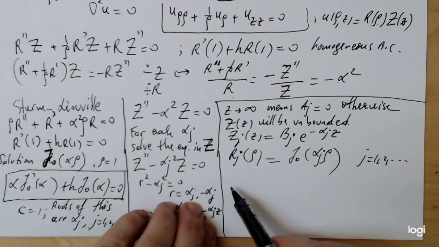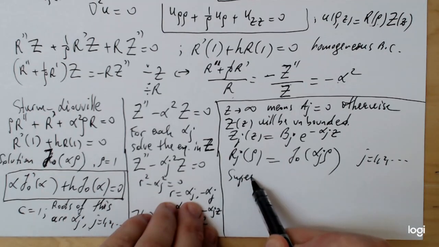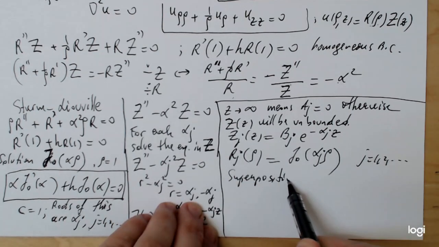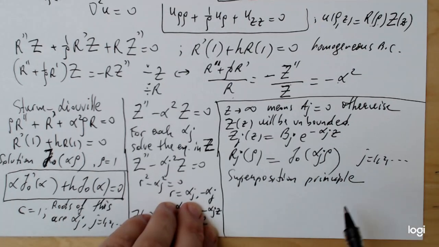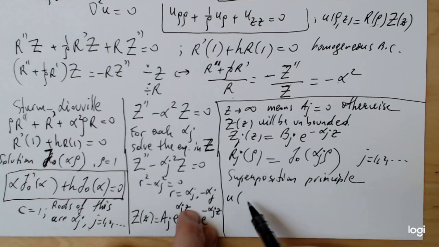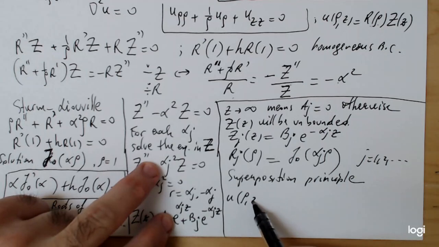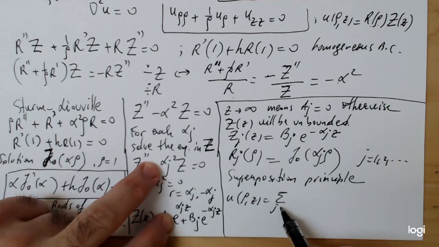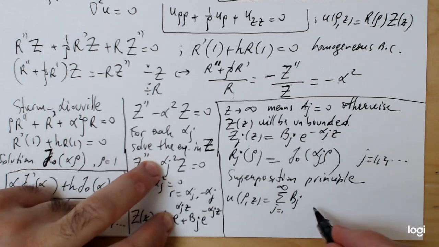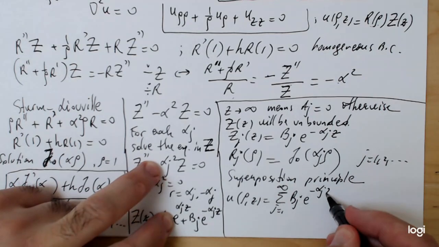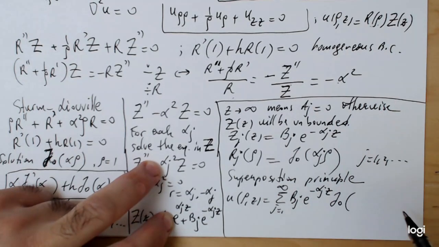So now you're looking for a solution u of rho z in the form of a series from 1 to infinity, this constant b_j e to the minus alpha j z times the Bessel function J naught alpha j rho.